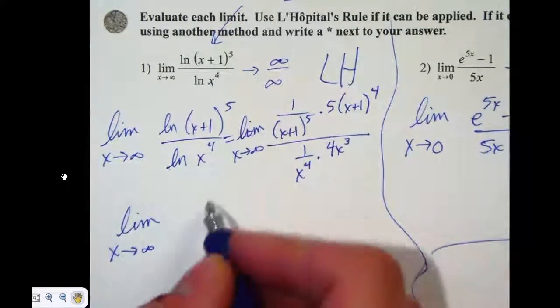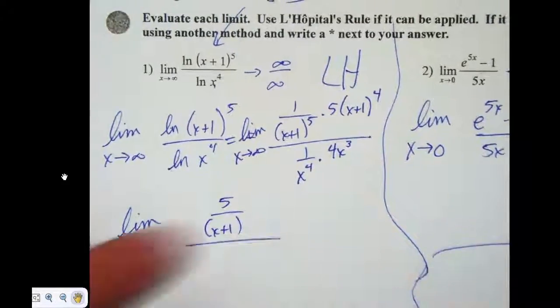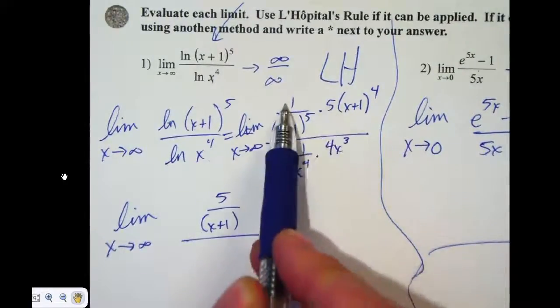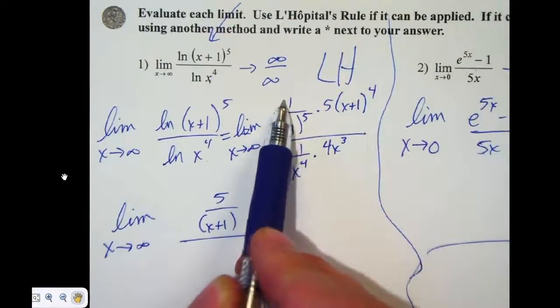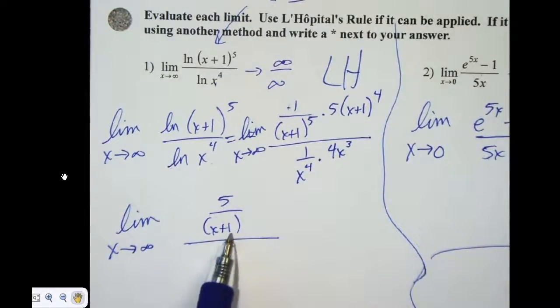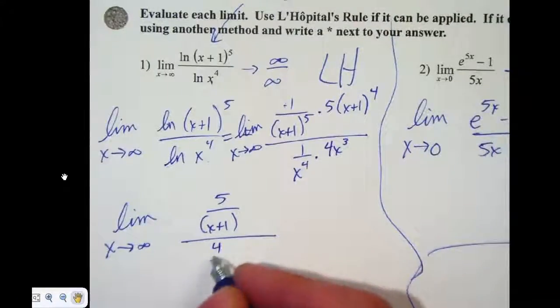On top, you see what I did to get that? The 5 jumps on top. The 4 would jump on top, but 4 of them would cancel and leave you with 1 of those x plus 1s on the bottom. On the bottom, I'm going to have 4 over x.